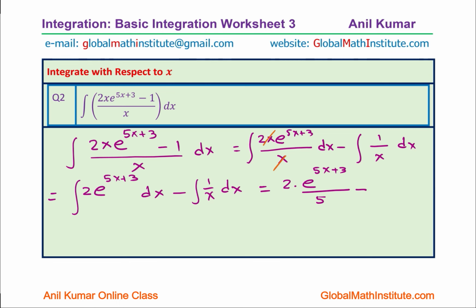So that gives you ln. We write the absolute value of x and then plus c. Do you see that? So that is how you can write the integral of this particular function. So we have here 2 over 5 e to the power of 5x plus 3 minus ln absolute value of x plus c, correct?